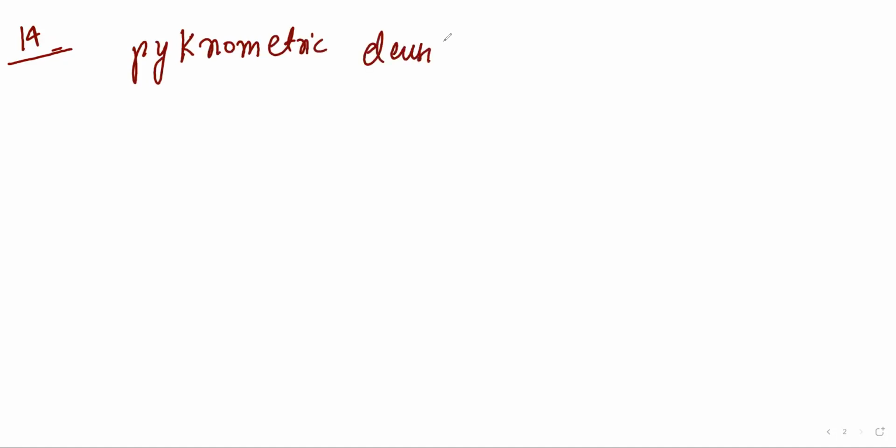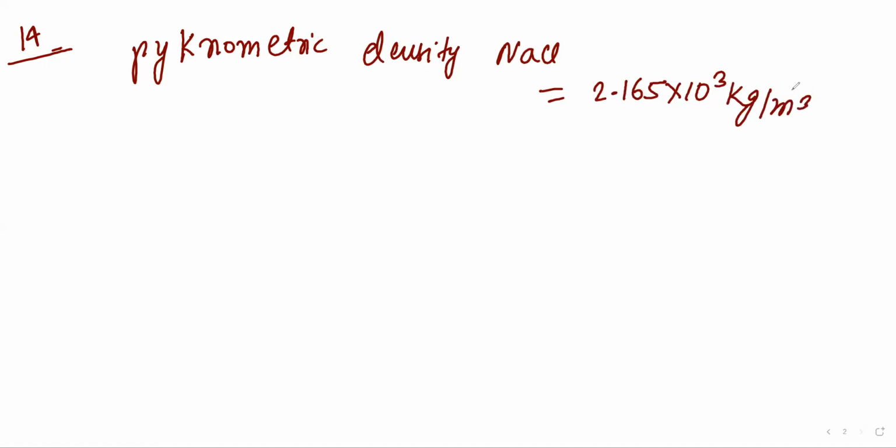Now solve the next question, number 14. The pycnometric density of sodium chloride, NaCl, is equal to 2.165 × 10^3 kg per meter cube, while its X-ray density is equal to 2.178 × 10^3 kg per meter cube.